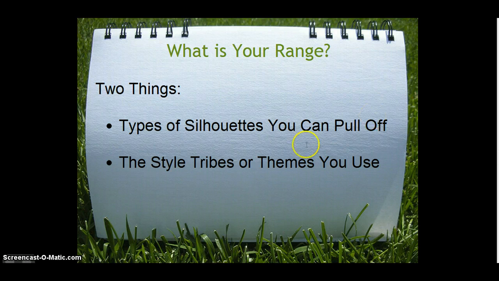The other thing that a range has to do with is the style tribes or the themes that you use in the way that you dress. If you don't know what a style tribe is, it's essentially a group of people who dress the same. So if you dress in preppy clothes all the time, that means that you use the preppy style tribe. Themes, of course, are a little bit broader than that.